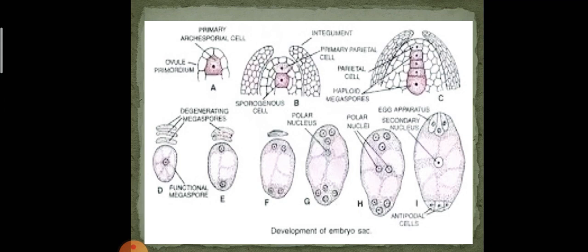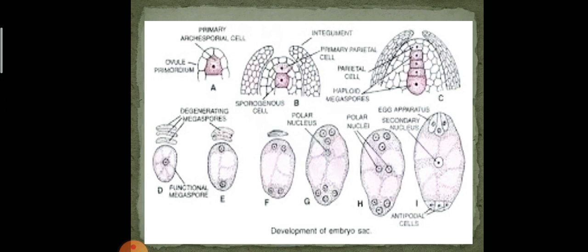So in E, F, G you can observe the first, second and third mitotic division taking place. With these 3 nuclear divisions, an 8 nucleated structure is formed. In that 8 nucleated structure, 2 polar nuclei come towards the center and become a single cell, and because of that it shows a 7 celled and 8 nucleated structure.